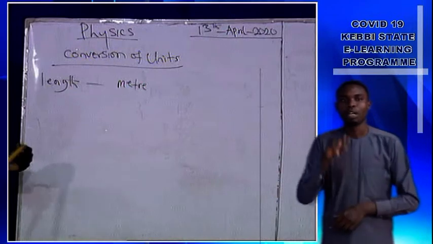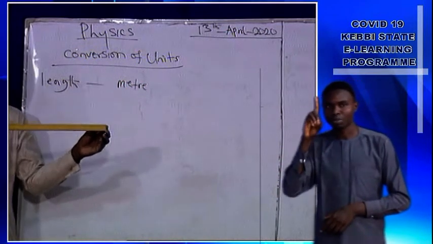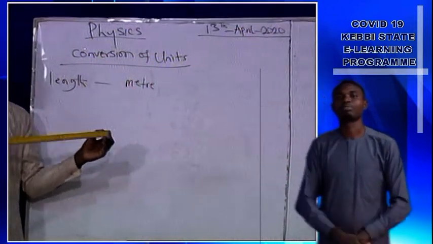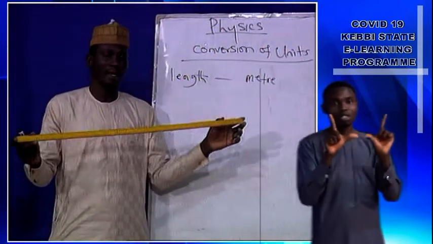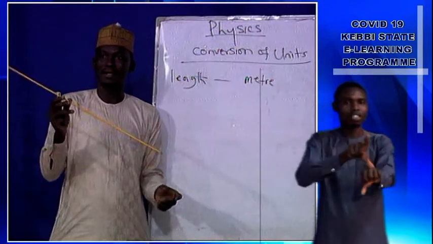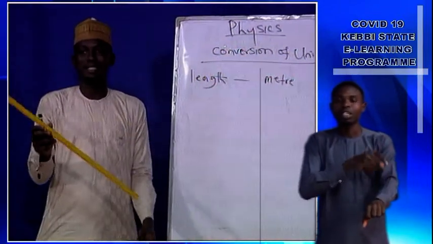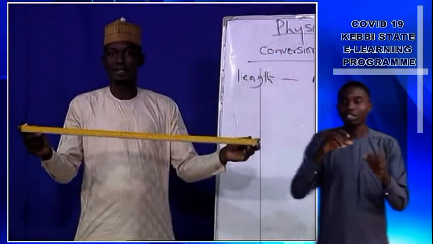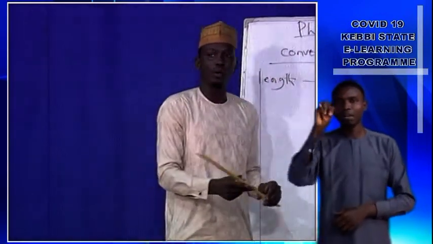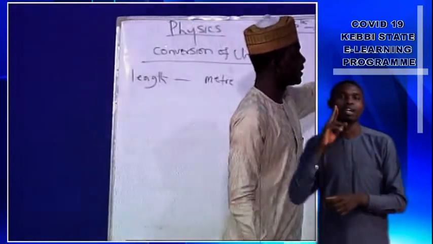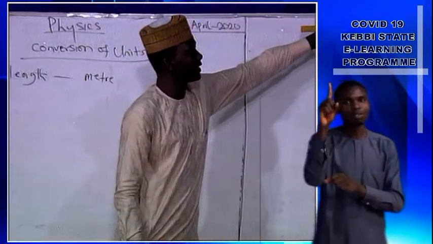For instance, this meter rule is an instrument used for measuring length. It has 100 centimeters, which means it is 1 meter. One meter is only from this edge to here.